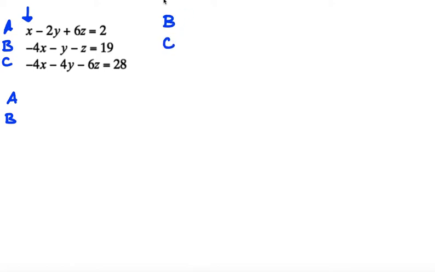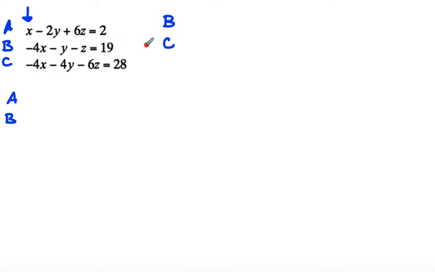Now, the way that I always tend to do this is I tend to make one number the positive and one number the negative of the same value. So like these are both negative 4s. I'm going to want one of them to be a positive 4 and one to be a negative 4. So in order to do that, I need to multiply one of my equations by a negative 1 to turn the value into a positive.